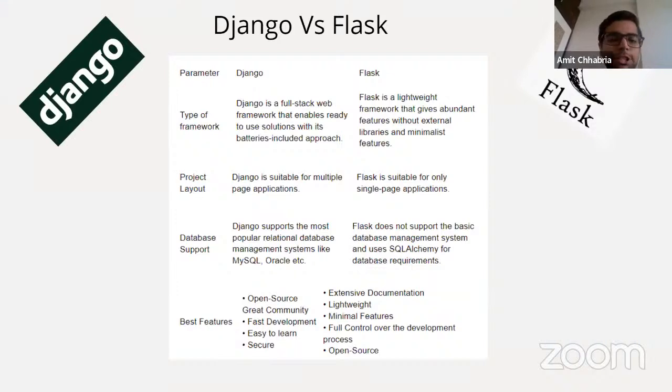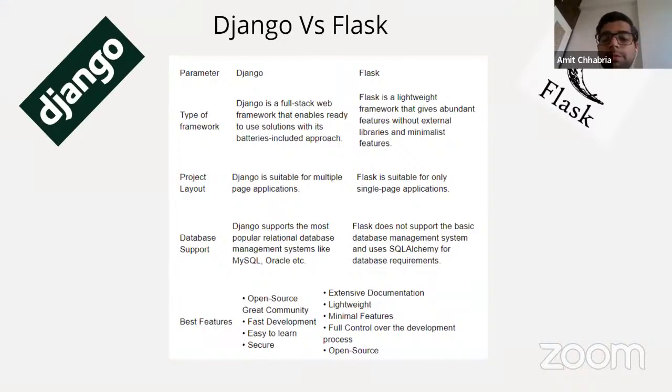Firstly, Django is a full stack web development framework, and it also includes support for all the different types of database. If you know the basics of databases, like SQL database, Oracle database, and SQL Alchemy, there are a lot of databases.